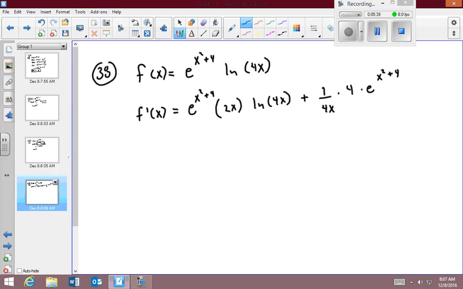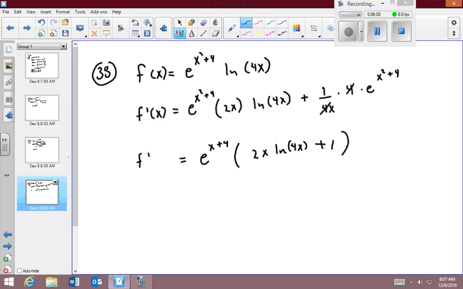And this will cancel, let's see. There's an e to the x squared plus 4 that factors out of both. And it's 2x ln of 4x plus 1.